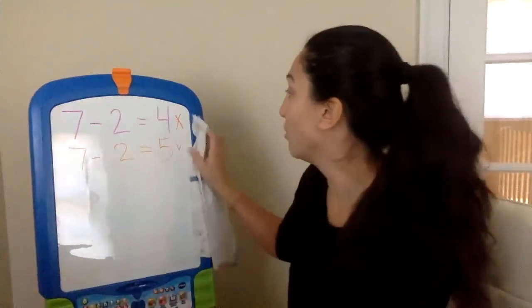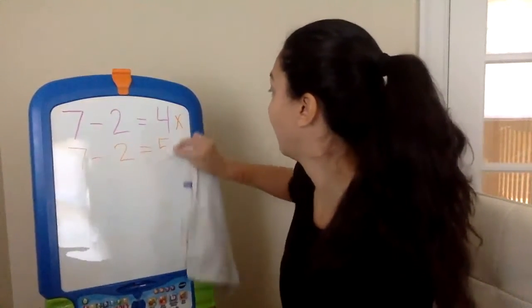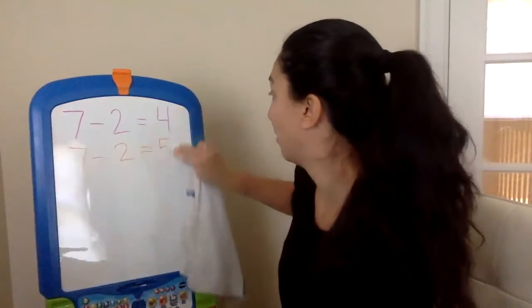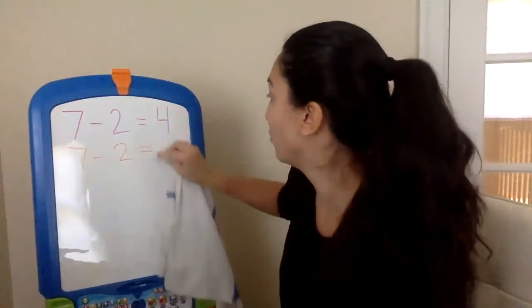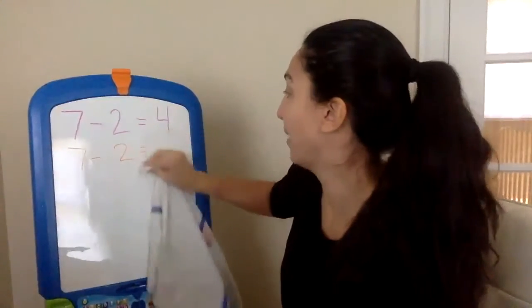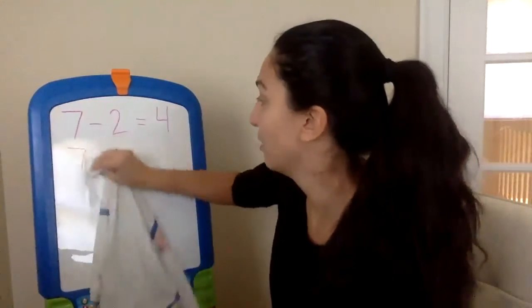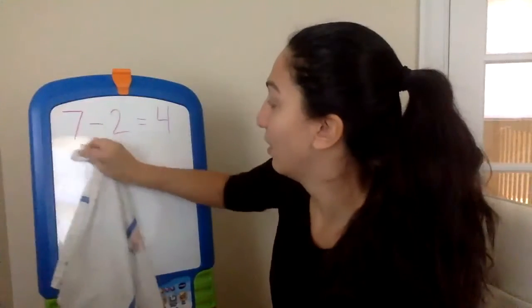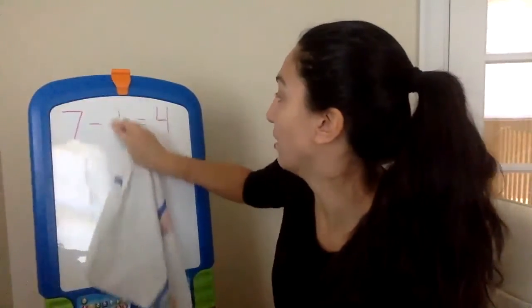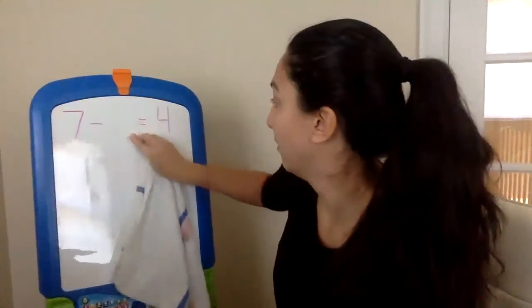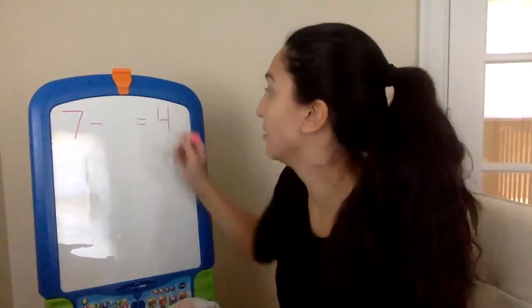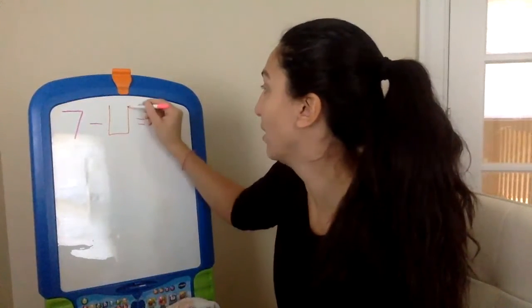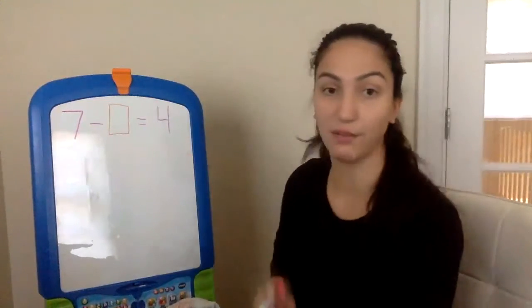But what I want you to think about is not changing the difference, because that number is called the difference, but changing this number right here. So my unknown is 7 minus what number is going to give me 4.